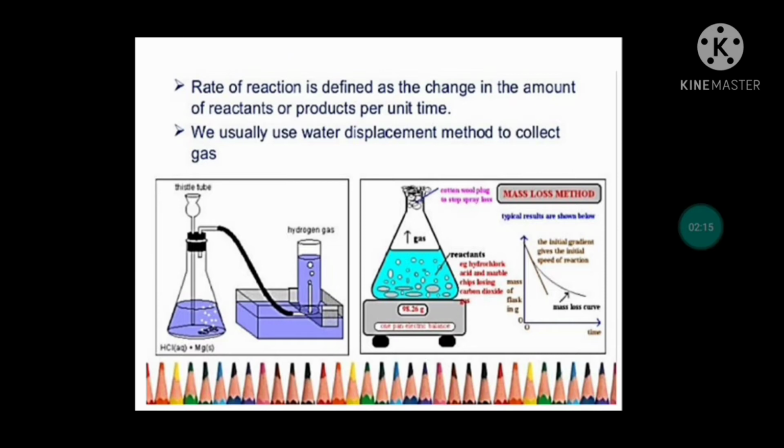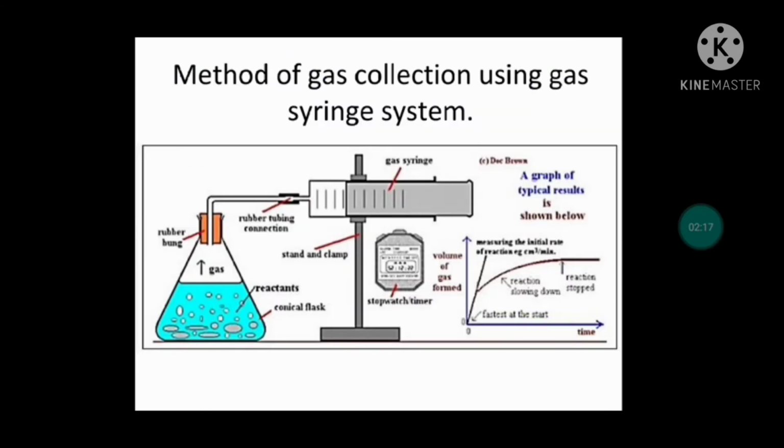And for time we can use a stopwatch to note down the time duration. And with the help of this graph also we can find out the rate of reaction by plotting a tangent at a particular instant, and with the help of that we can also predict the rate of reaction.